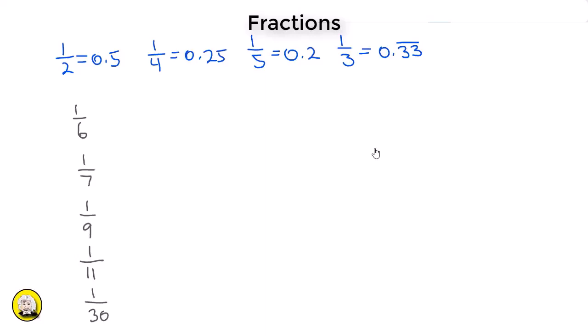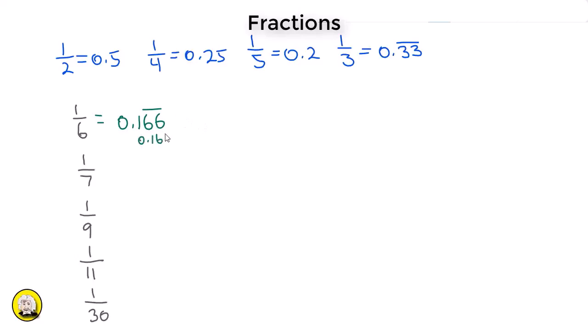Now, 1/2, 1/4, 1/5, 1/3. Students are generally familiar with those conversions, but others might not be as commonly used and therefore not as well known. For example, 1/6 is 0.166, infinitely repeating. I could even round that to 0.167 if I liked.